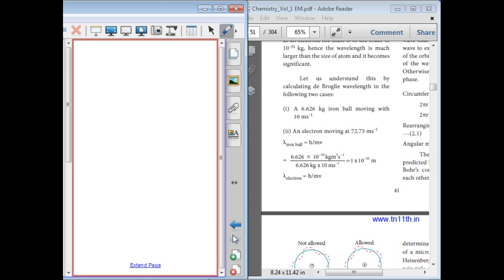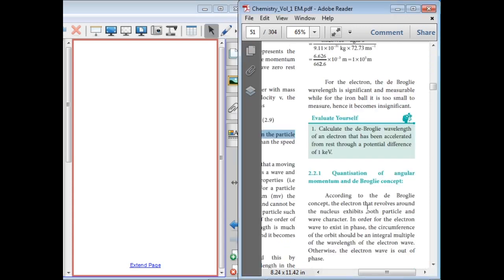The next self-evaluate problem. The question is: calculate the de Broglie wavelength of an electron that has been accelerated from rest through a potential difference of 1 kilo electron volt.